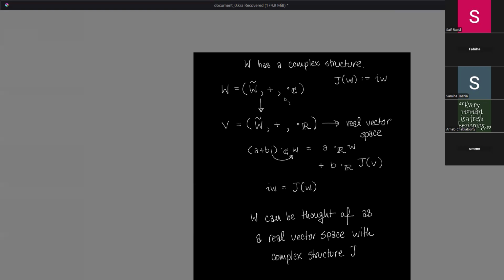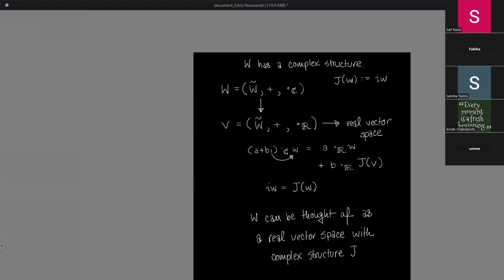So we're not forgetting any of, we're not decomposing the vector elements, so that part's fine. We just think of the elements of W tilde as elements of a real vector space, and we multiply them using the real scalar multiplication.